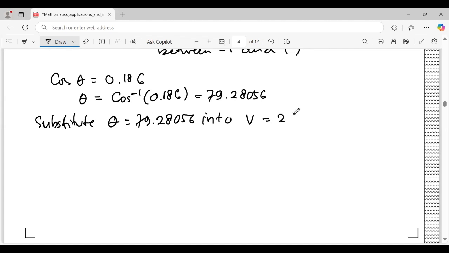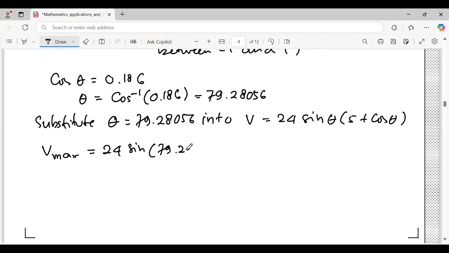V equals 24 sine theta multiply 5 plus cosine theta. So volume maximum is 24 sine 79.28056 multiply 5 plus cosine 79.28056.